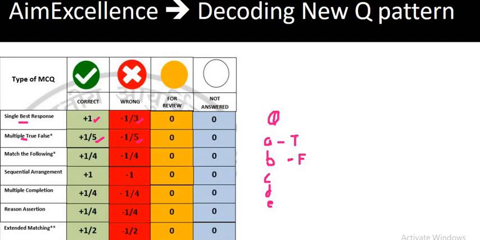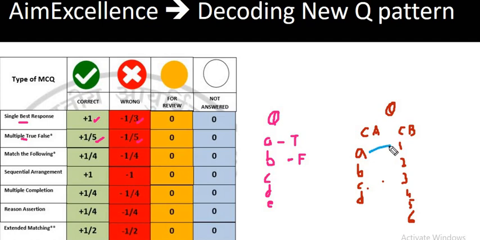Match the following. This is another set of questions. There will be a question, there will be column A and column B. In column A, from the pattern that has been given in the prospectus, there will be 4 options, and in column B there will be 4, 5 or 6 options, maybe more, and you have to mark the right options.